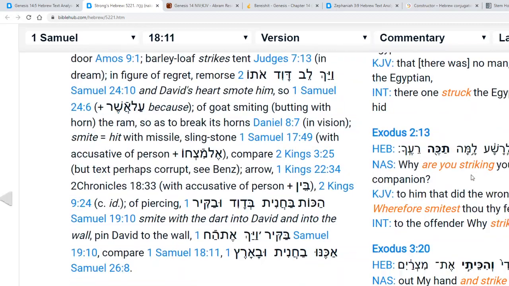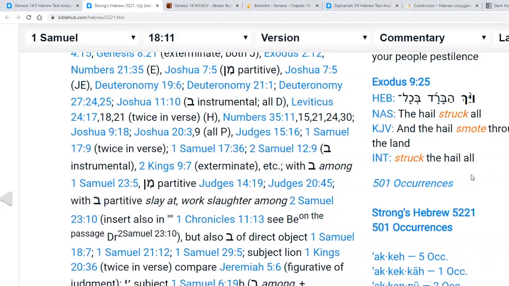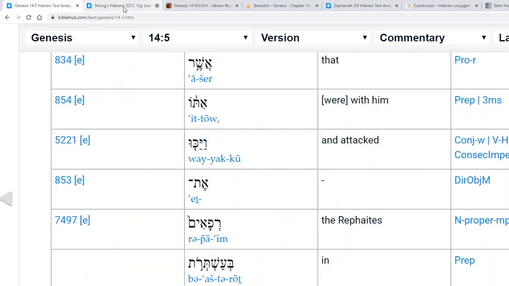Okay, vehikuni, right? It shows up several times in the Bible. How many times? Let's see. 500 times. Wow, I didn't realize. But yeah, to strike. I guess it's used a lot, even though it's so irregular. Okay, vayaku, and they struck, right?